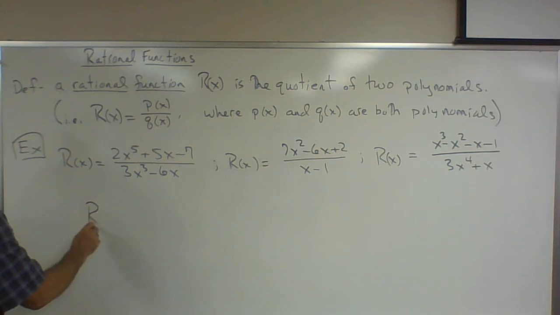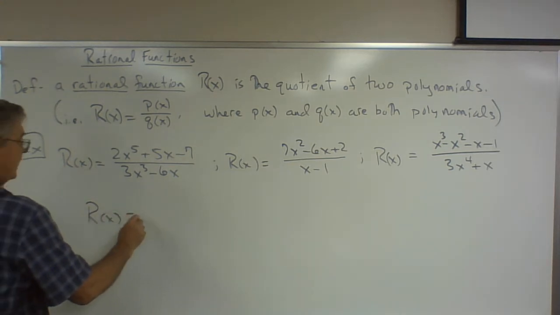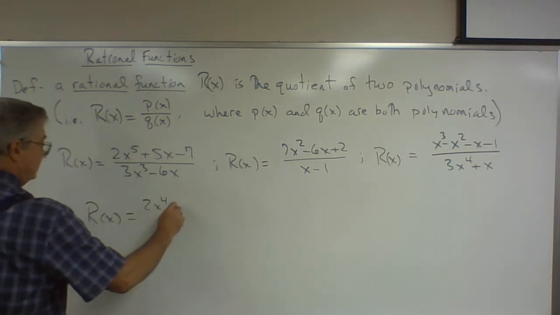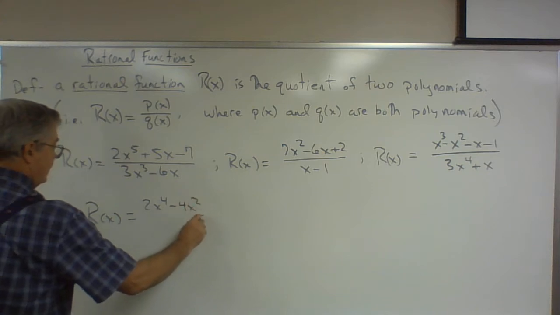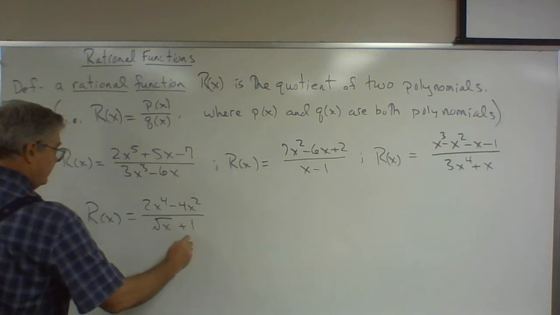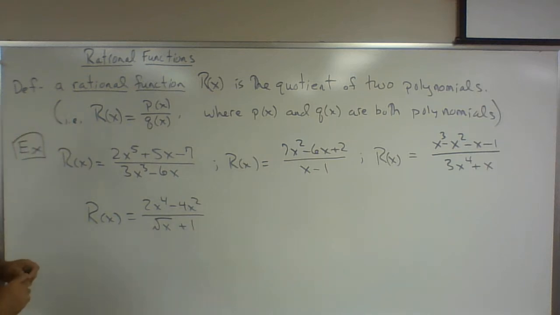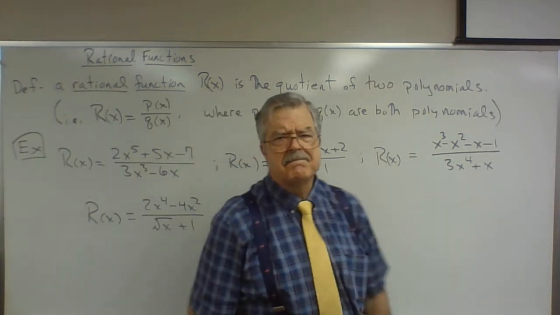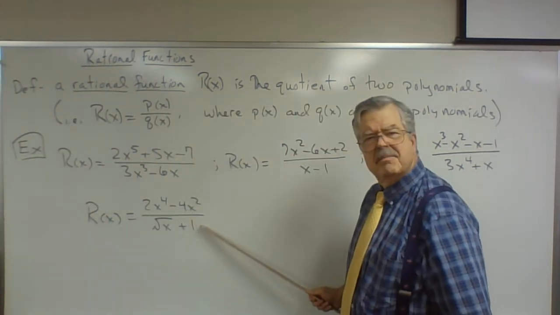In the fourth example, we have a numerator over a denominator. And I think, well, what do you think about this one?